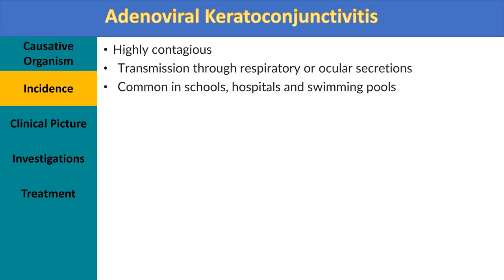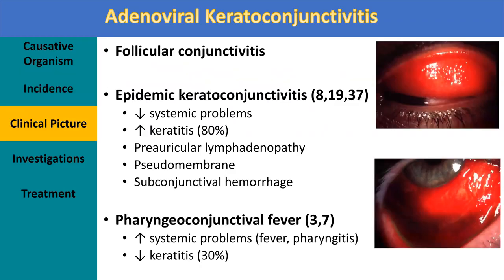So what will be the clinical picture? The clinical picture depends mainly on the serotypes. Adenoviral keratoconjunctivitis has two main groups of serotypes. One causes follicular conjunctivitis, and there are serotypes that cause what is called epidemic keratoconjunctivitis: serotypes 8, 19, 37.